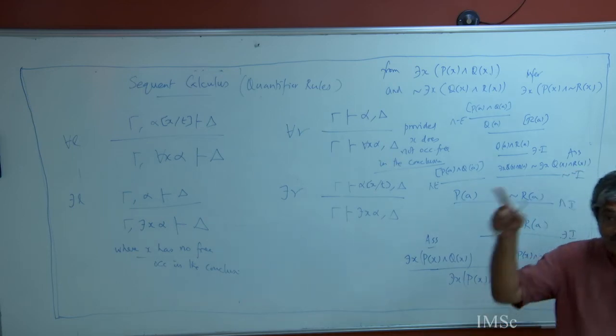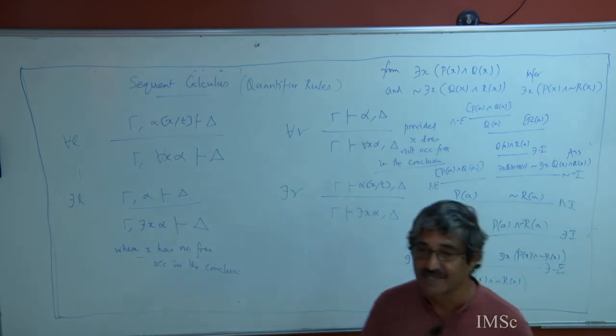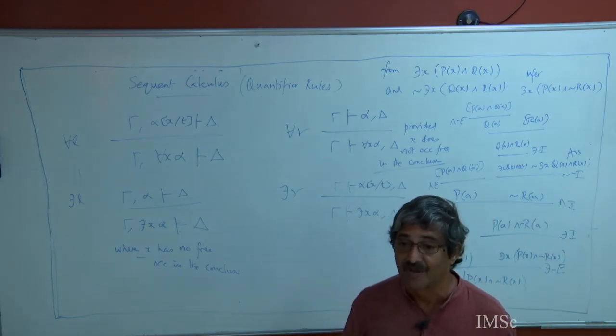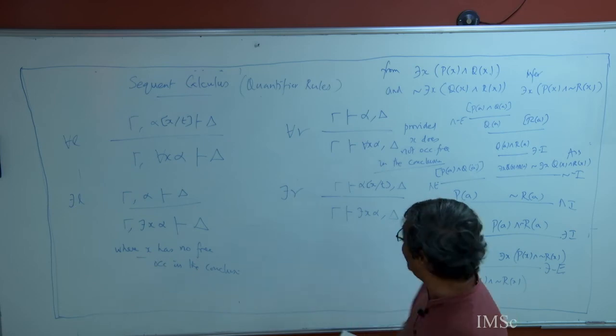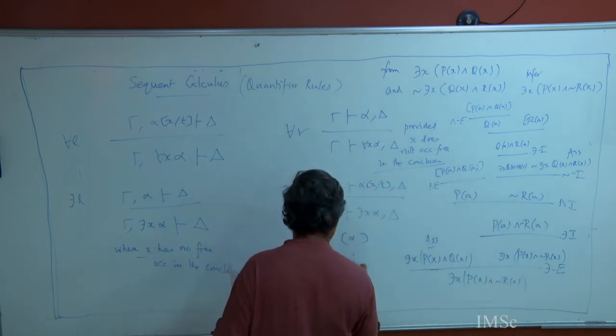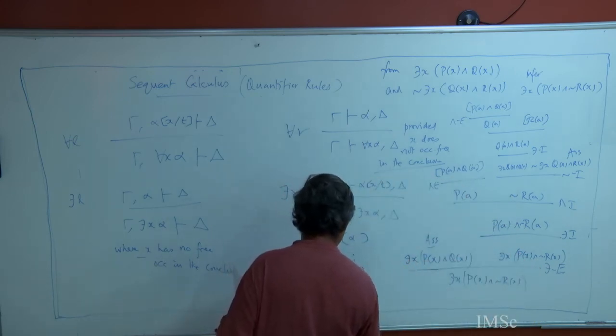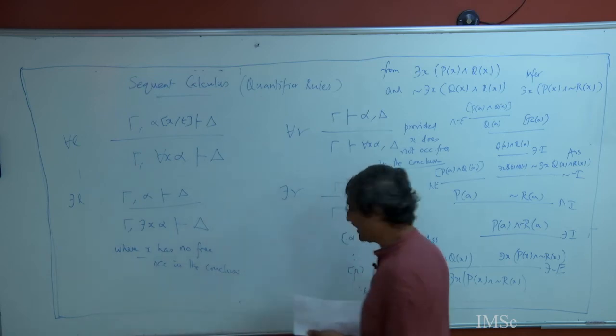We don't have to worry about those scoping things. Remember in natural deduction, one of the most difficult things to keep track of is, when you make assumptions alpha and then beta, you have to discharge beta first and then alpha, right?